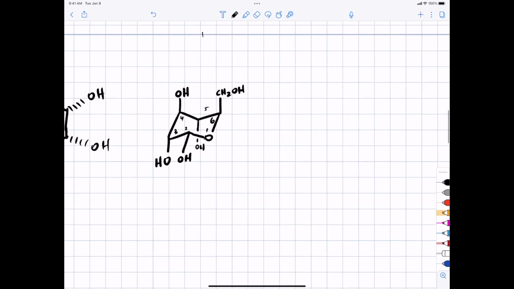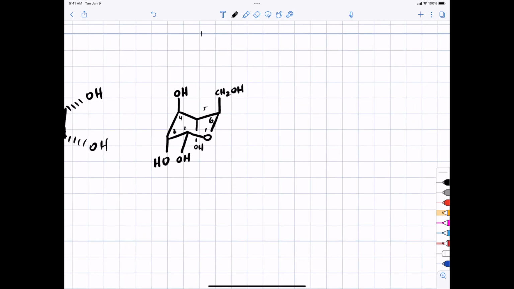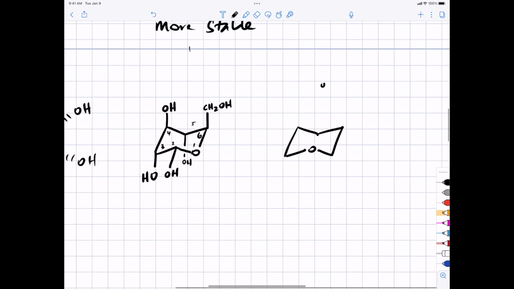Right? So now I'm going to draw the other chair, and I need to put oxygen not at a down carbon position, but an up position. So we could do that, and that would be fine. Alternatively, if you wanted, we could do this, and that would be fine.